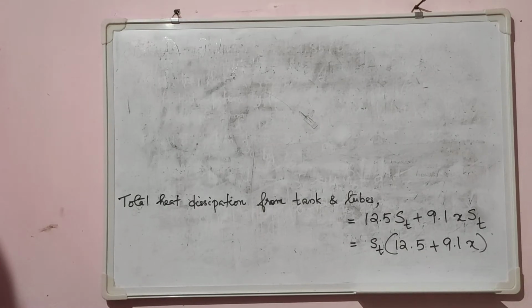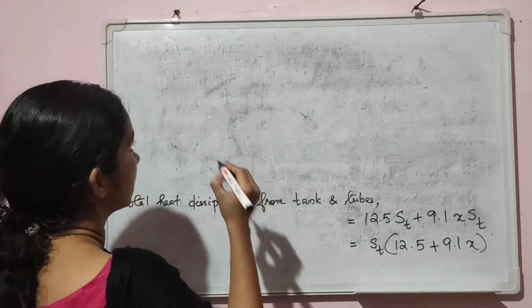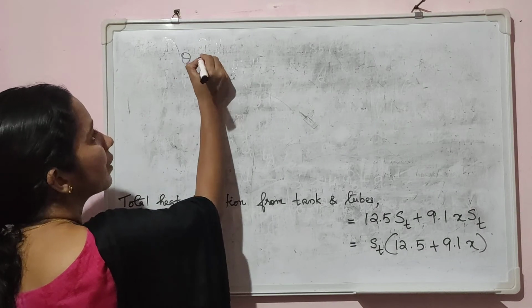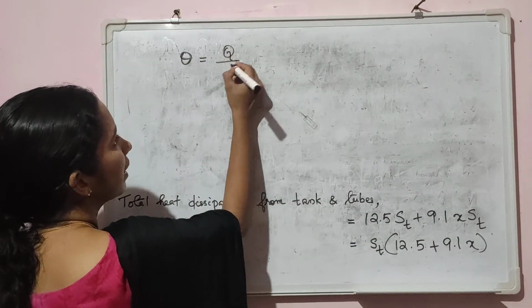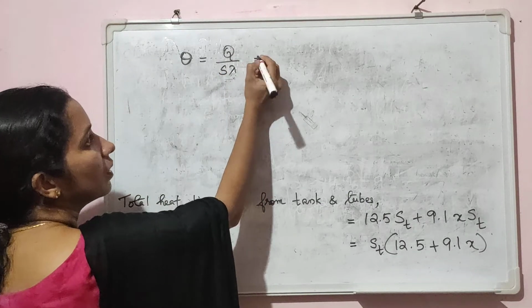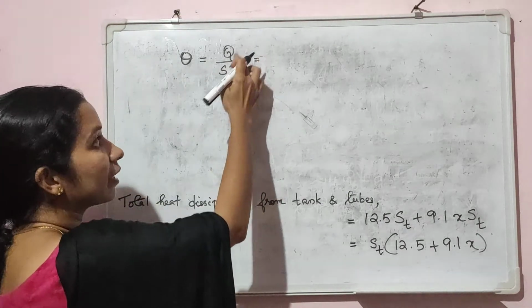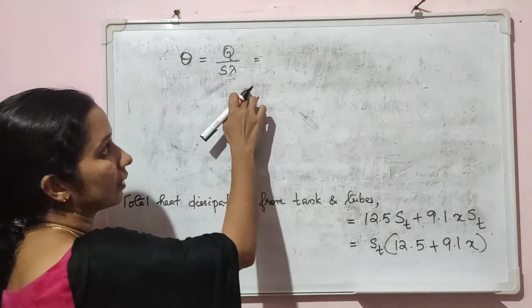So now let us write the equation for temperature rise. So we have temperature rise theta is equal to Q divided by S lambda. That is total loss divided by total heat dissipation.